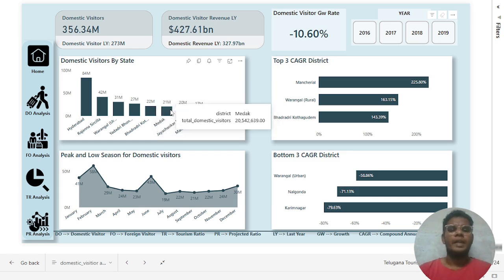And then Medak is famous for the Medak fort as well as the Medak Cathedral Church. I think that church is the second largest church in Asia, right? It's very amazing. And Jayashankar Bhupalpally. In recent times, most of the people have visited Jayashankar Bhupalpally.